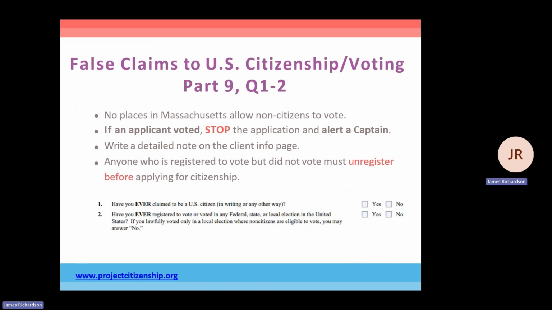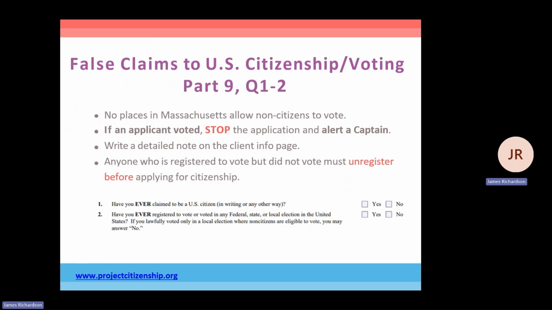Anyone who's registered to vote but did not vote, that's still bad, but it's less bad because all you have to do is unregister before you apply for citizenship, and that can cure that. Another thing to note is that I believe most places, if you don't actually vote within a certain amount of time, you can be purged from the voter registry.